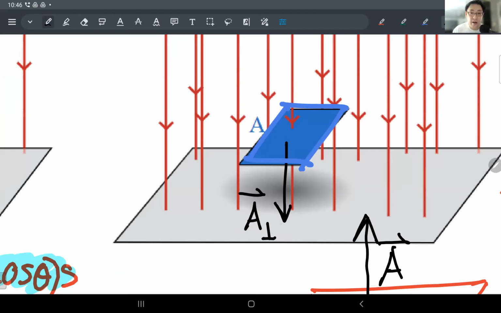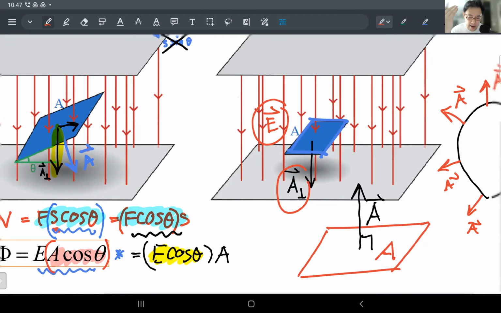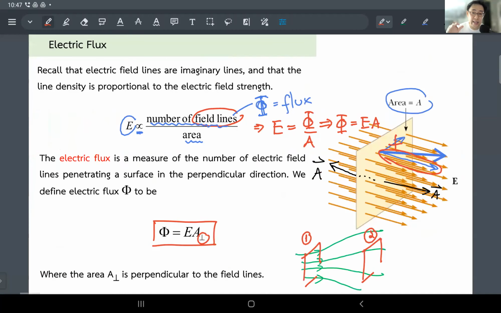And that means what you really want is the E vector and the area vector to be parallel to each other. Okay. Does that make sense? Yeah. Okay. So in reality, in terms of calculating the amount of electric field lines going through the area, you have to do it in the sense that E, the electric field vectors, go through the surface in a perpendicular fashion.